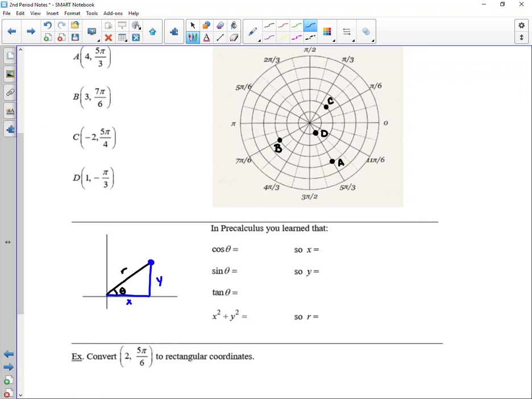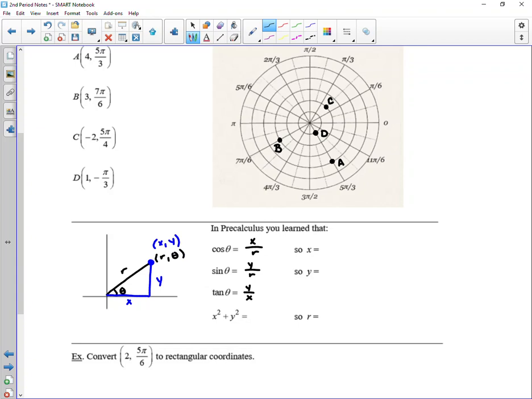So this point can be listed as x comma y in rectangular coordinates, or if you're doing polar coordinates, it's r comma theta, right? And to convert that point backwards and forwards, then we'll use these conversions. So cosine of this angle is what? X over r, good. Sine of that angle is y over r, and tangent of that angle is y over x.